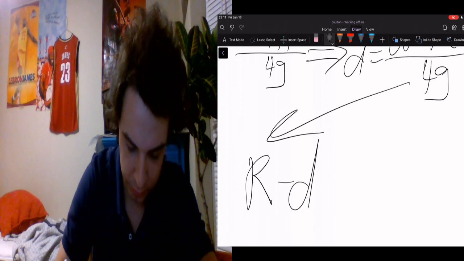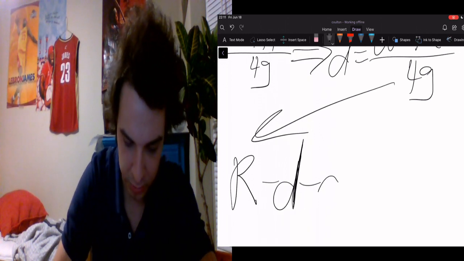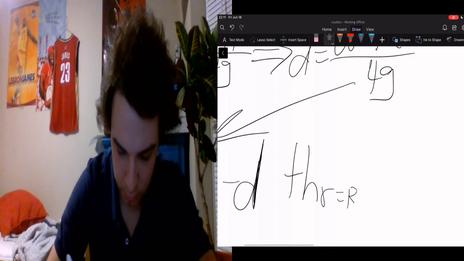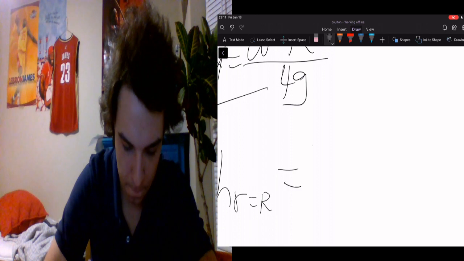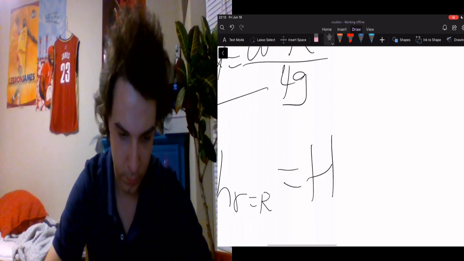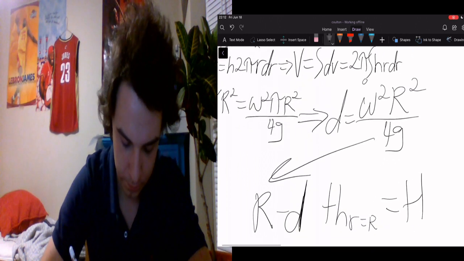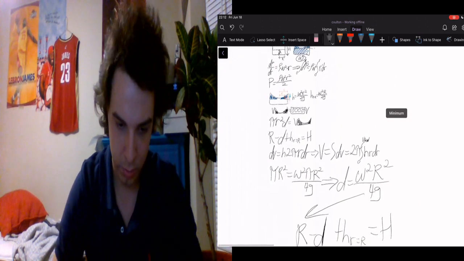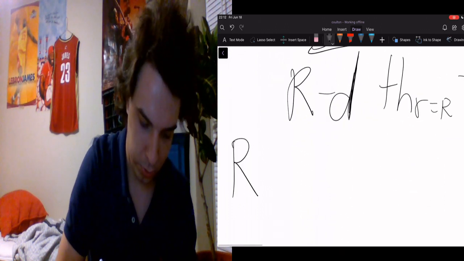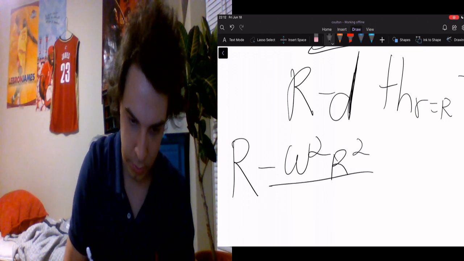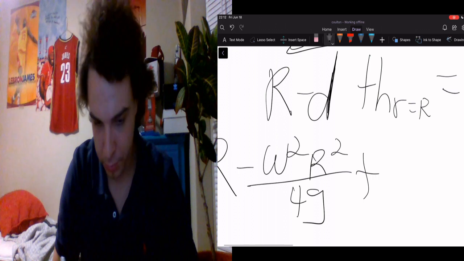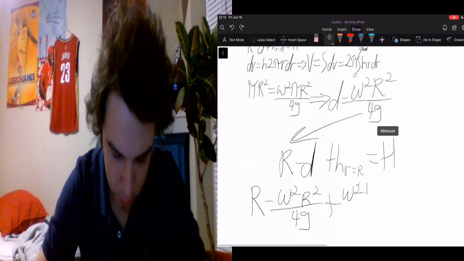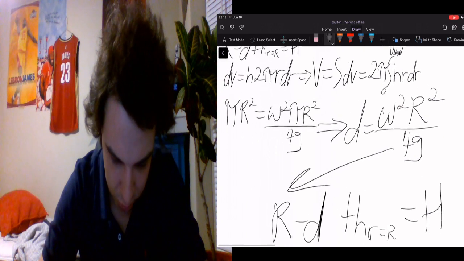This is the equation we used to solve: big R minus little d plus h of r, little r equals big R, is going to equal H. So then you can plug d into that, and we should have our little h(r) equation, which will give us R minus omega squared r squared over 4 times g plus omega squared r squared over 2g.